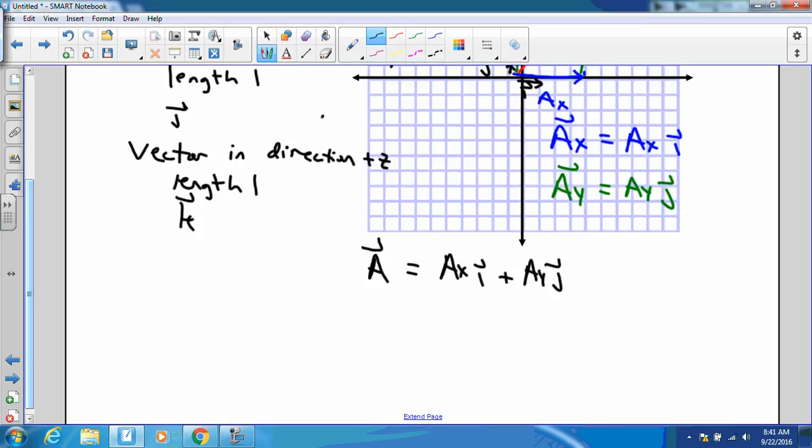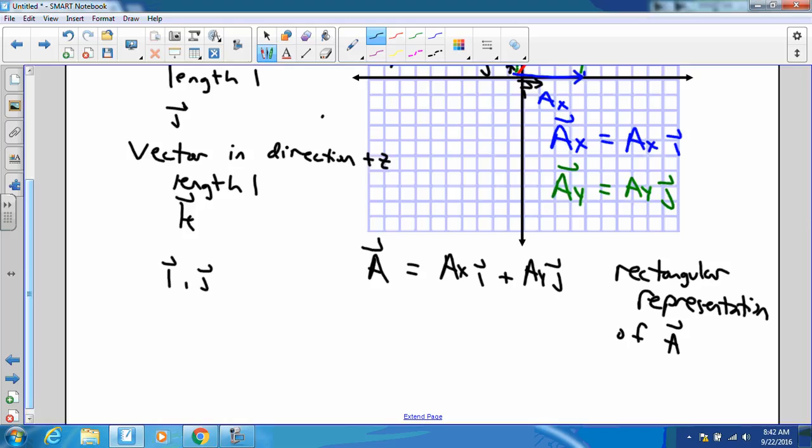And we call this the rectangular representation of A. Here's the set of vectors I and j, and k if we need it. The basis of the vector space.